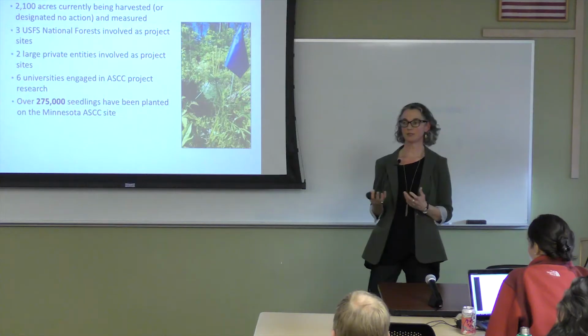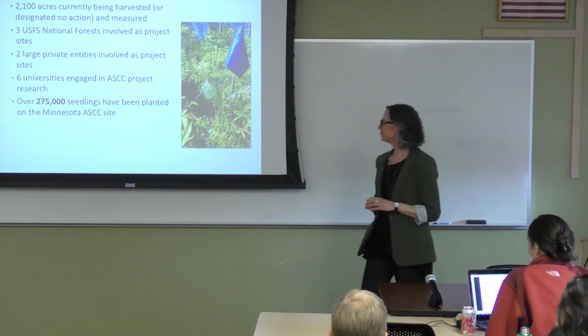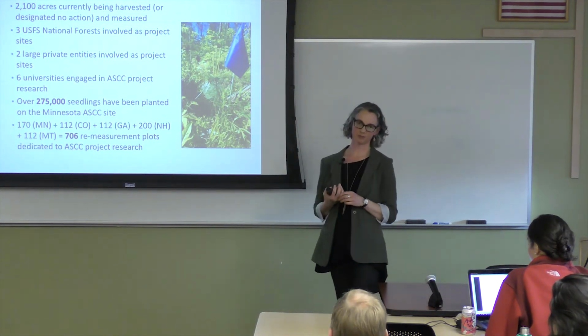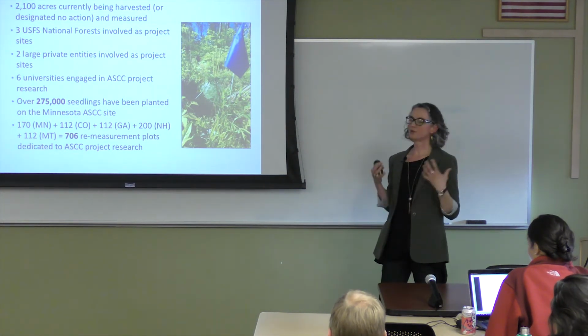There's been over 275,000 seedlings that have gone in the ground already, and there'll be 6,400 more into the future. We have 706 remeasurement plots that have been installed across all of the sites. So it's a big project that's requiring a tremendous amount of coordination.